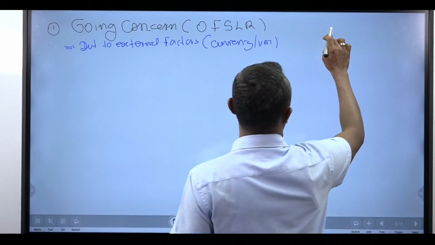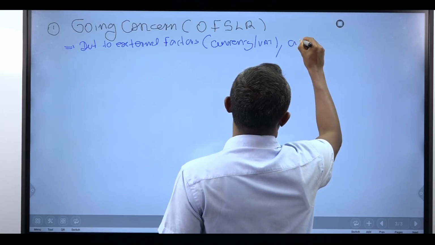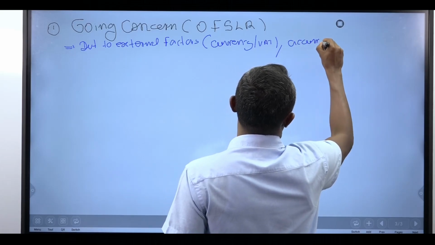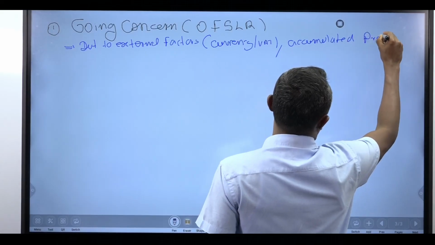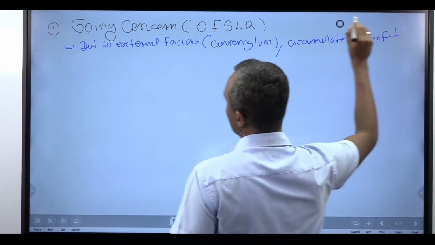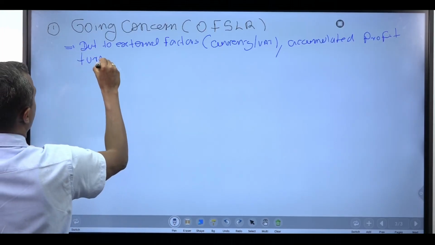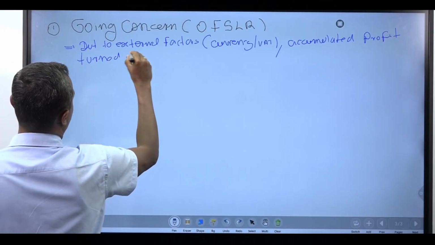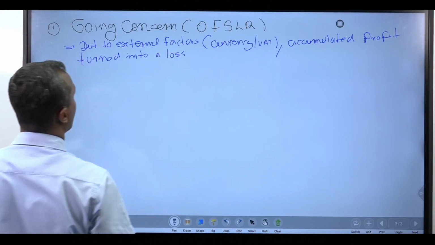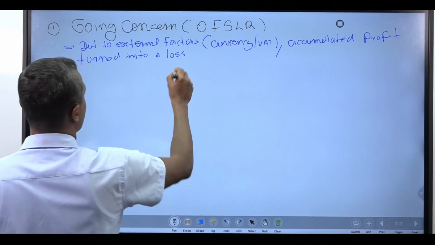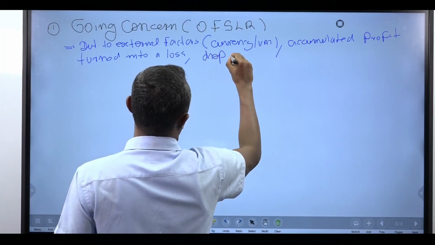So what happens is accumulated profit turns into a loss, and then not only that, drop in revenue, that is VAT.